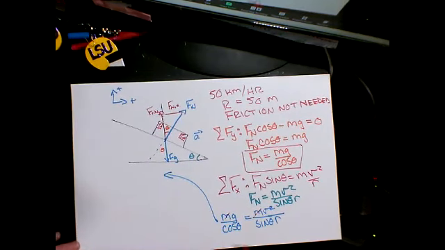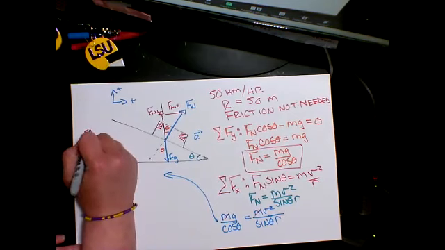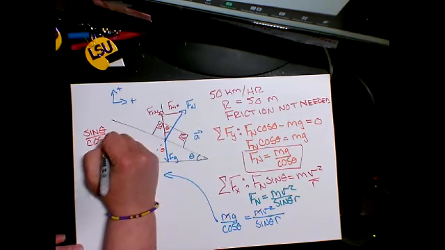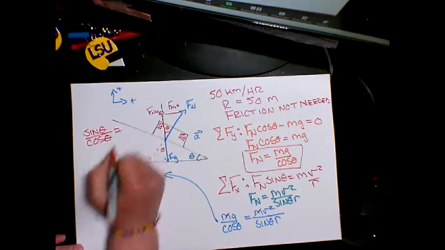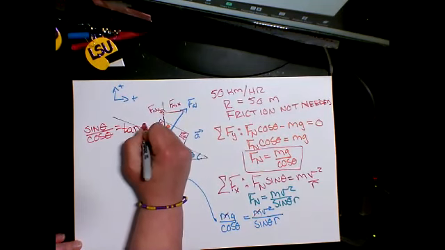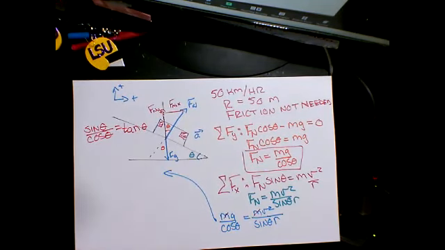Whenever I see trig functions, I like to remind myself of one of the happiest trig functions on the face of the earth, tan theta. Why do I want that? Because these are two trig functions. I need to solve for an angle.